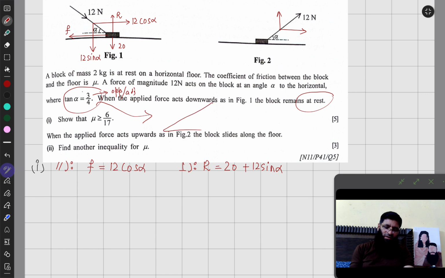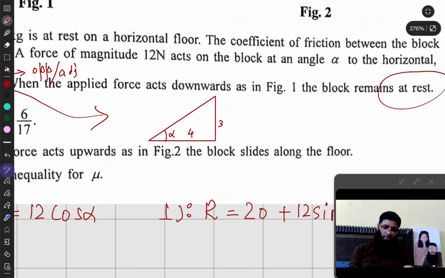let me enlarge the triangle. This side is 3, this side is 4, and this angle is alpha. If you apply the Pythagoras theorem here, this is the right angle triangle, you can find this side by using Pythagoras theorem.